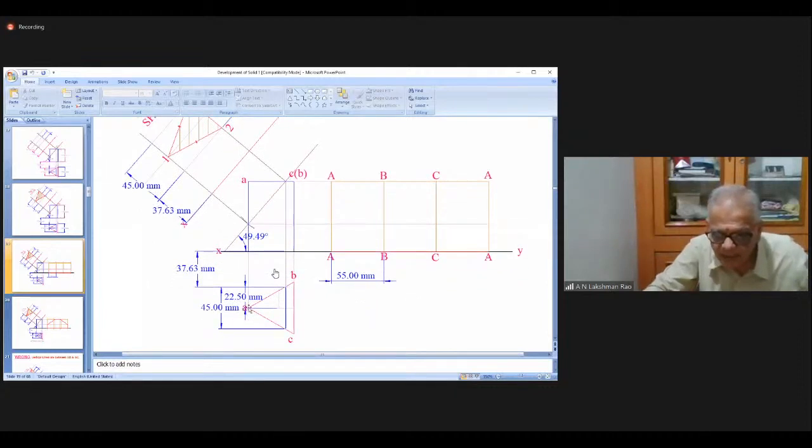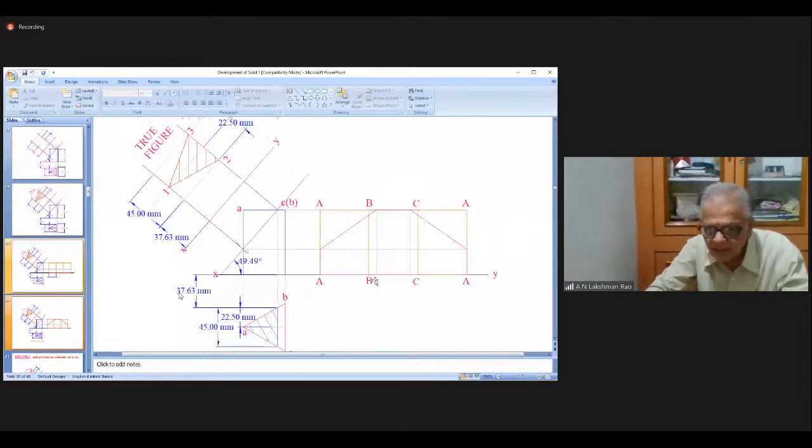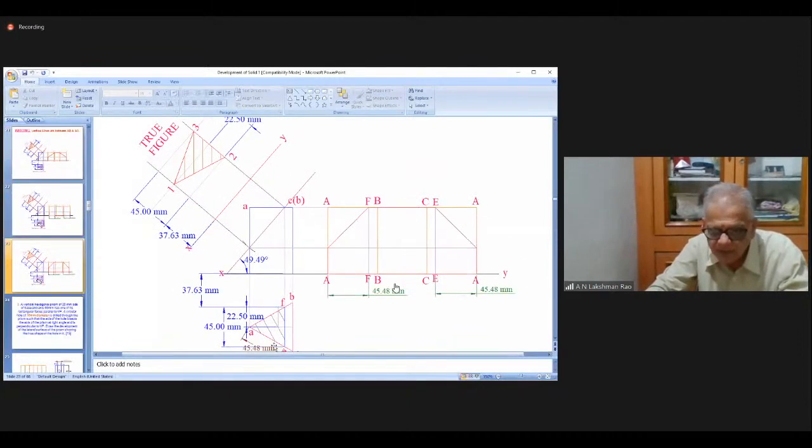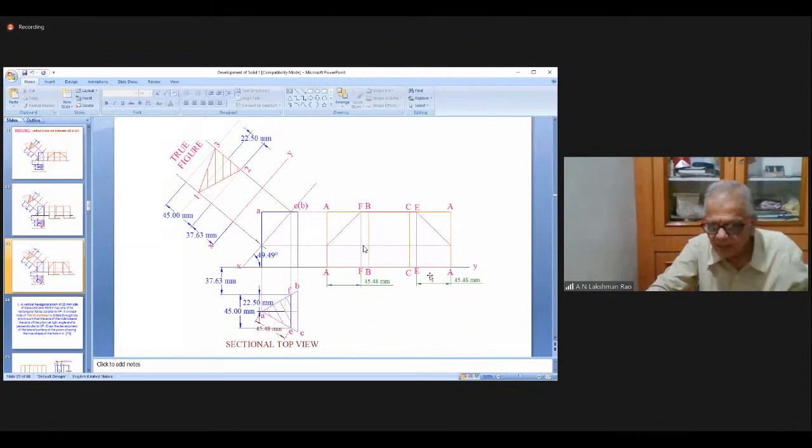See, dear students, A to B is here. I have to mark this point. A to B I have marked here. This point I have to mark. I have marked here. This is the point. This is from A to B and this is from A to C. Sorry, A to C is here. A to C I have marked here.